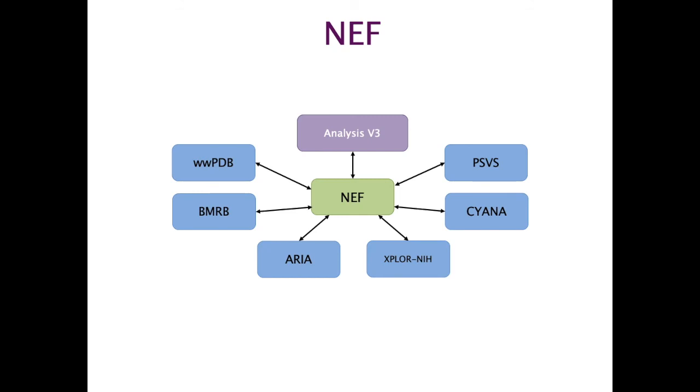So how do we envisage NEF allowing us to use information in conjunction with other programs? The idea is that you can essentially always convert your data into NEF, read it into another program, then go back to a NEF file and then back into another program. We've now implemented most of that in version 3.